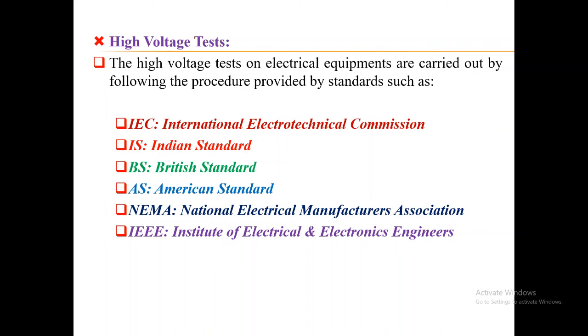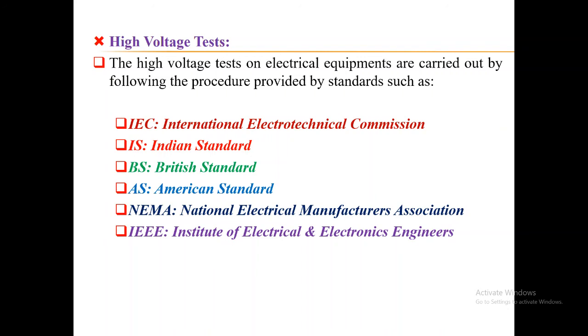Normally Indian industries follow the IEC standard, IS standard, NEMA standard and IEEE standard. If we are considering manufacturing industries, then they have to follow the guidelines of NEMA. But when it comes to the high voltage laboratory, except this NEMA standard, the other standards can be applicable.